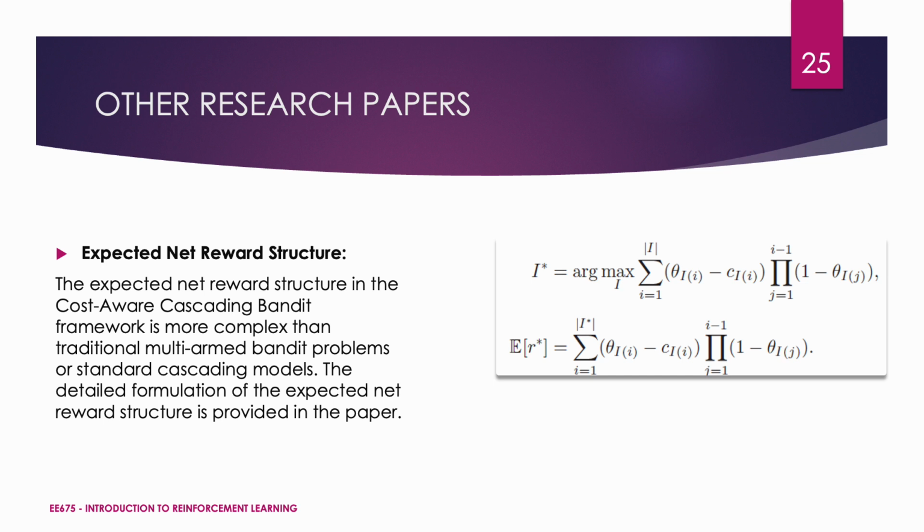This formulation likely includes considerations such as the expected rewards from pulling each arm and the associated costs, and the net reward obtained by balancing rewards and costs. This will help us to gain insights into the dynamics of decision making in the cost aware cascading bandit framework.